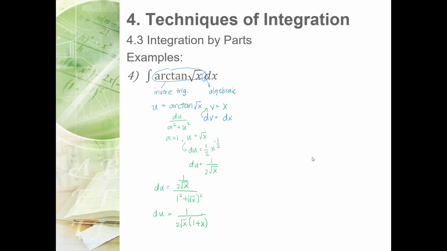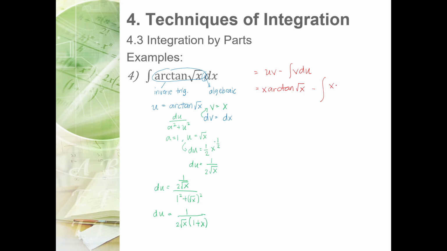Okay, so by formula, we now have u v minus the integral of v du. So u is equal to arc tangent square root of x. So put x in the coefficient lang siguro. Then minus v du.